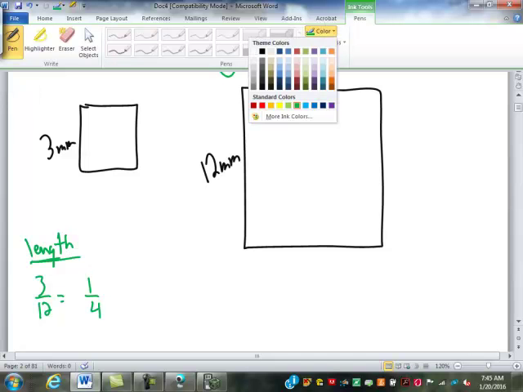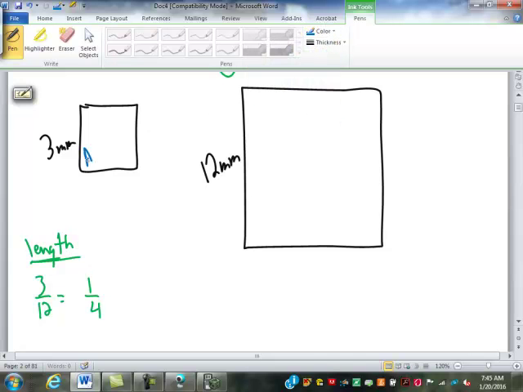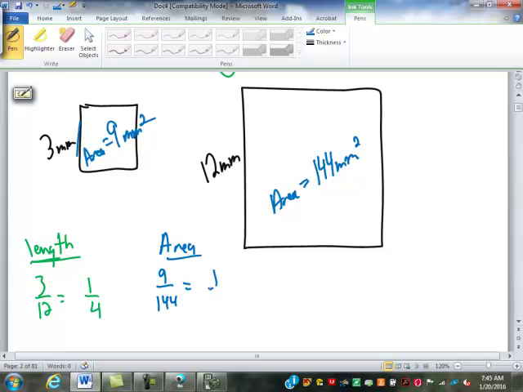My ratio of area, well, what's the area on this first one? 3 by 3, or 9 millimeters squared. What's the area on this one? 12 by 12, or 144 millimeters squared. So the ratio of areas is 9 to 144, which reduces to 1 to 16.